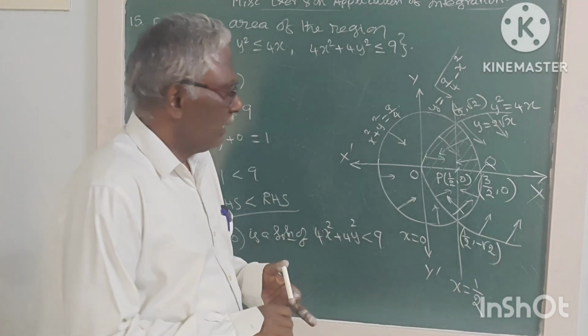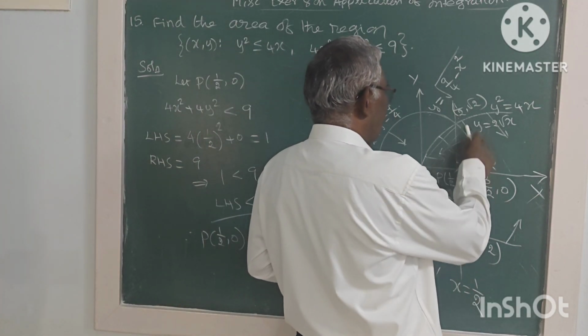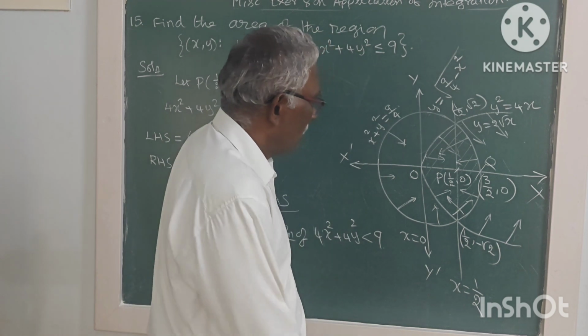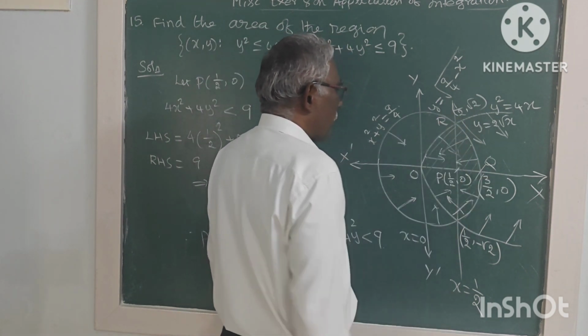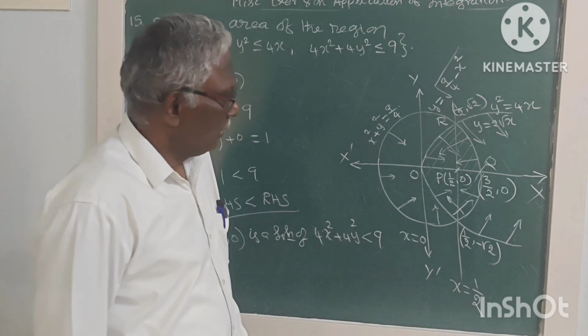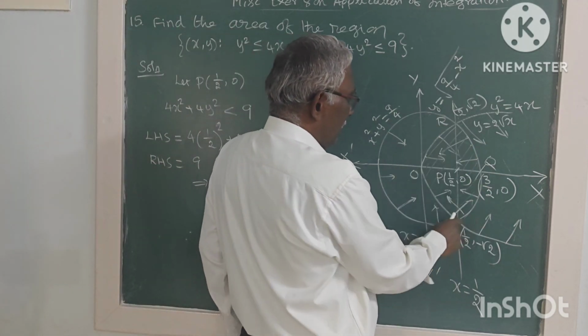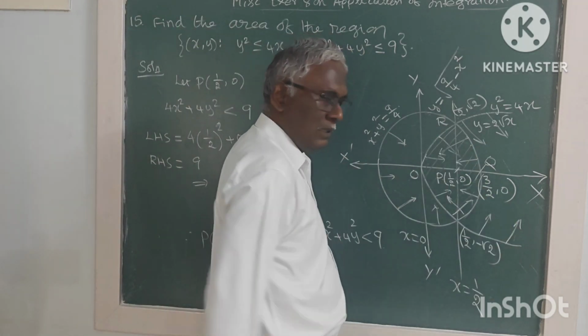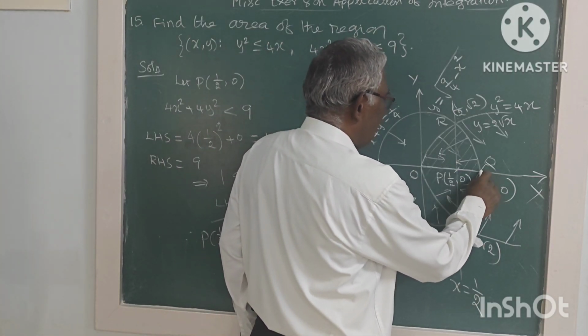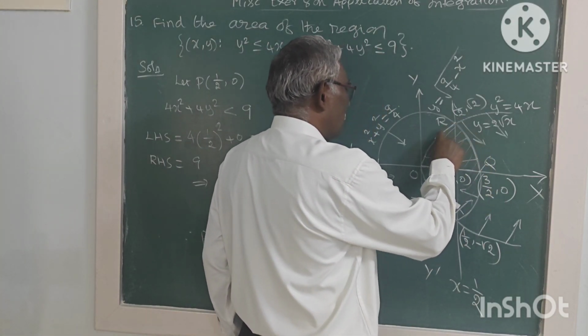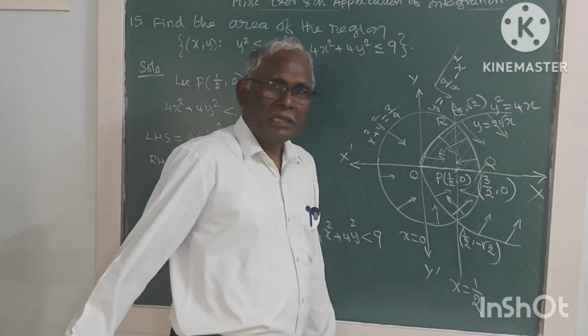So we have to find the area of this shaded region, OPQR. Now this shaded region is symmetric about the x-axis. We can find the area of the upper region, then we can multiply by 2.